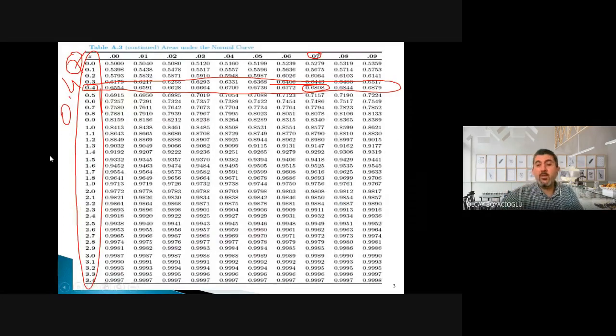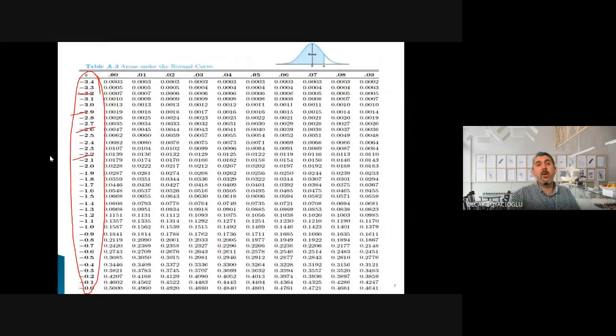Okay, I will ask you another question, another value now. Find out the z value for 2.50, but minus 2.50. So what does that mean? Minus 2.50. Let me just look for the minus 2.5. Here it is, minus 2.5.